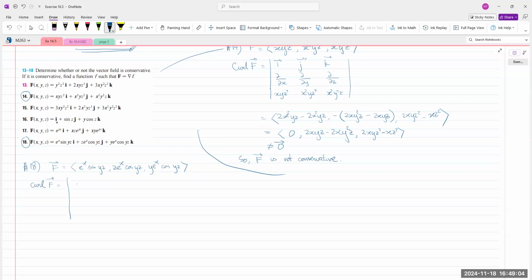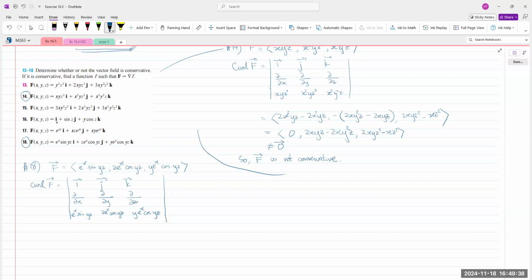I don't know, I have to work it out, but I have the feeling that it is not. e to the x sine yz, z e to the x cosine yz, and then y e to the x cosine yz.